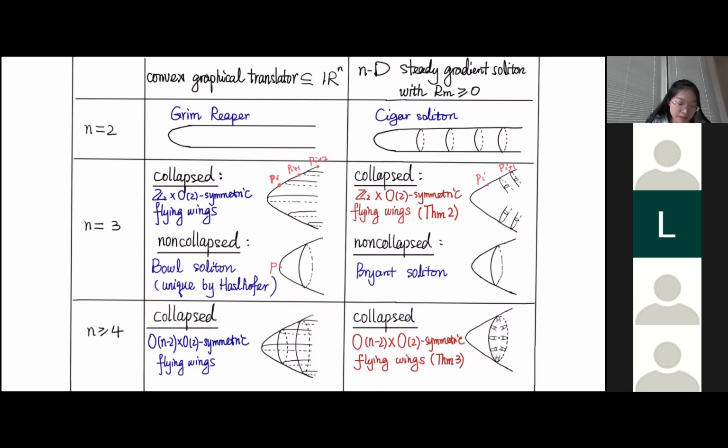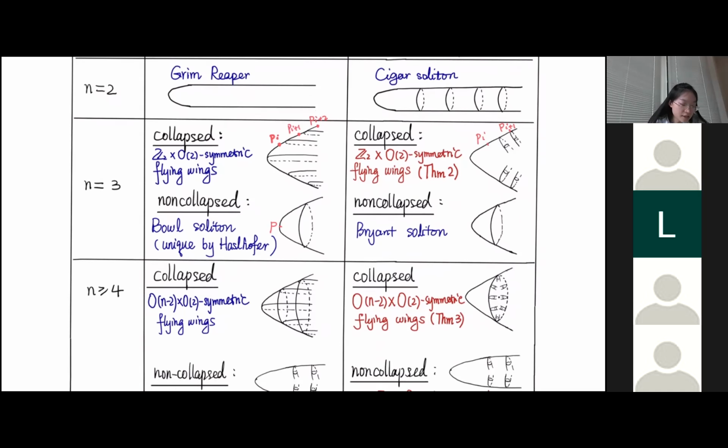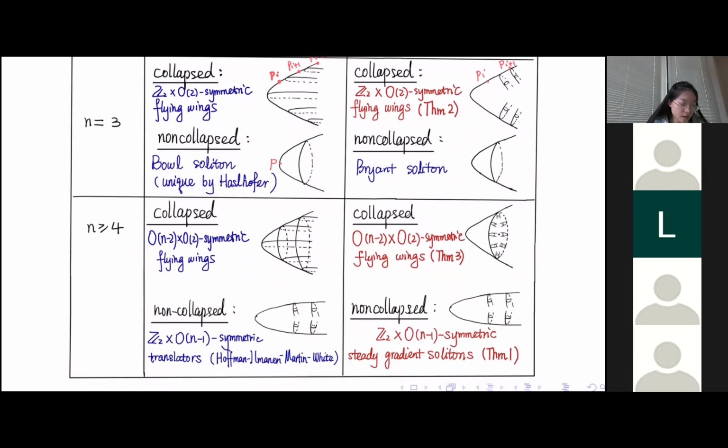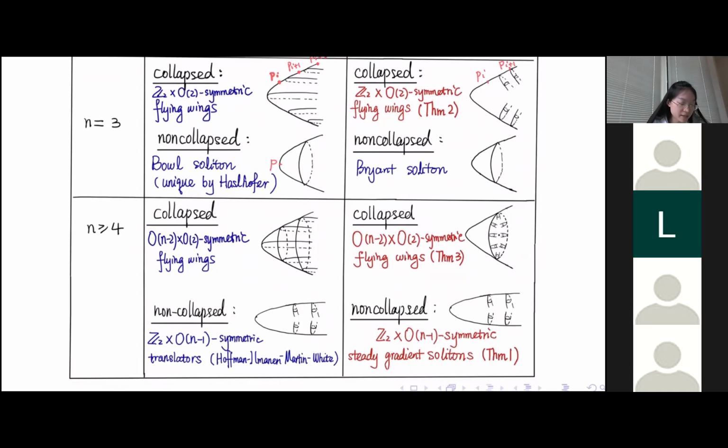And in the non-collapsed case, Brendle shows that the unique such soliton is the Bryant soliton. And yeah, so it has the same picture as the bowl soliton. And for higher dimensions, again, we divide them into the collapsed ones and the non-collapsed ones. And again, for the collapsed ones, we have those flying wings.